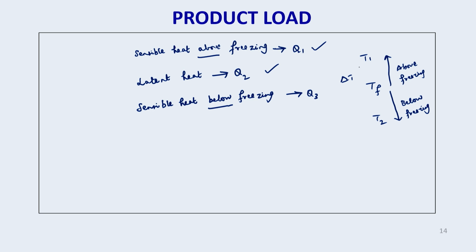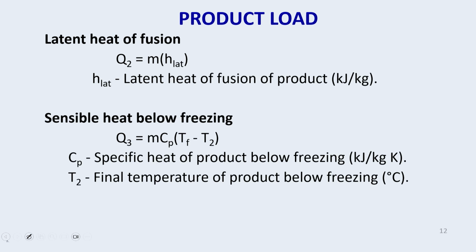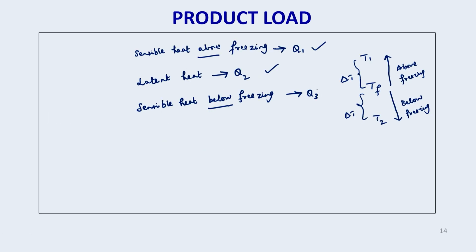So this is the delta T below freezing. So that is M Cp delta T. So this also we can find out.